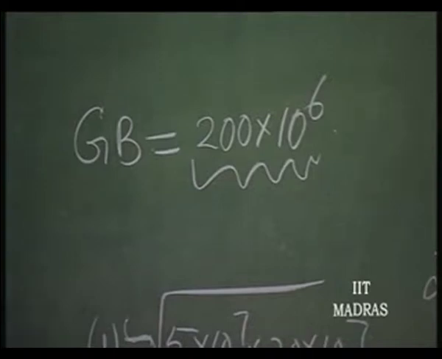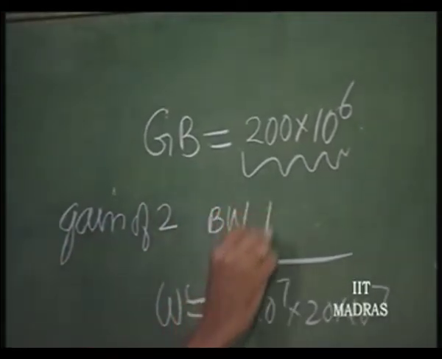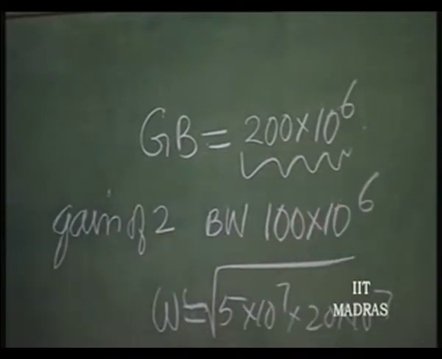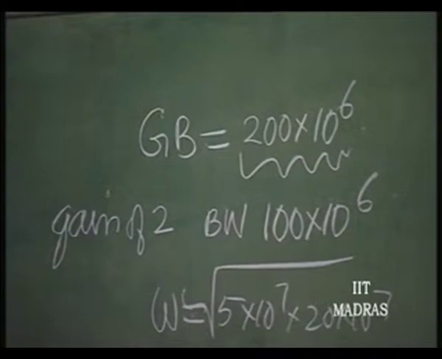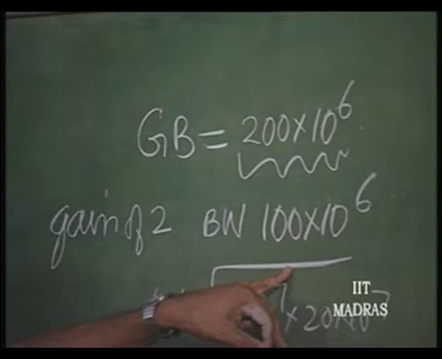With a gain of 2, bandwidth is going to be 100 into 10 to power 6, so that the gain bandwidth product remains the same.